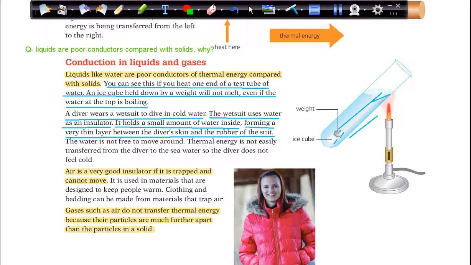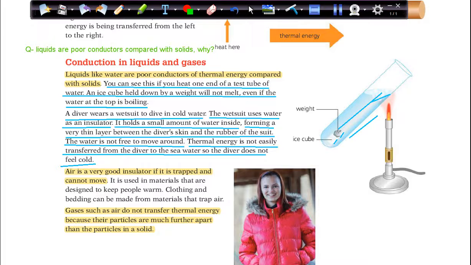So the body temperature will stay stable. The water is not free to move around. Here the water is stuck under the suit, so it will not move. So thermal energy is not easily transferred from the diver to the sea water, so the diver does not feel cold.